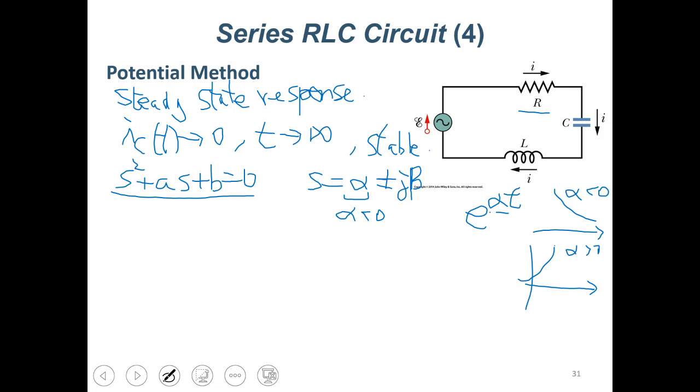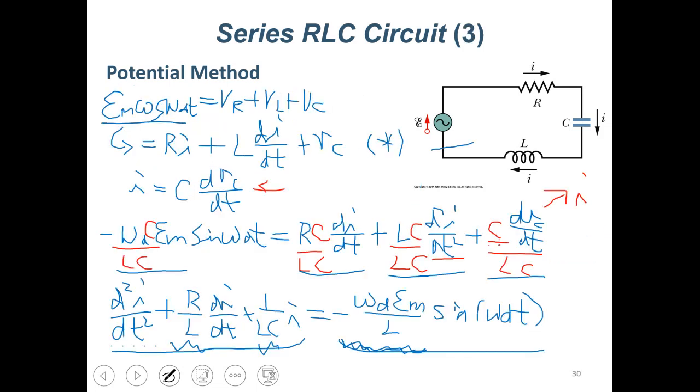But for simplicity, we assume the steady state, which means that the homogeneous solution will tend to 0, so we don't care about that, and we use a simpler method to only care about the forced response, which is related to this term only.